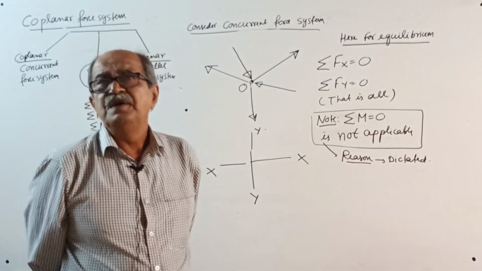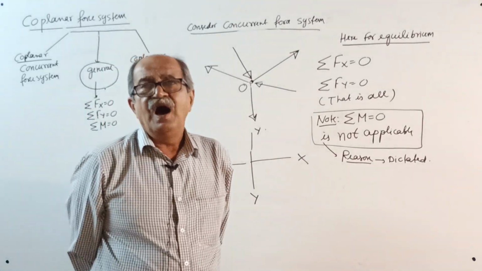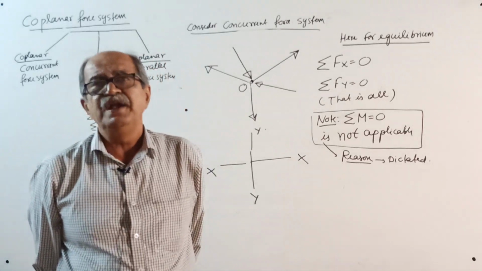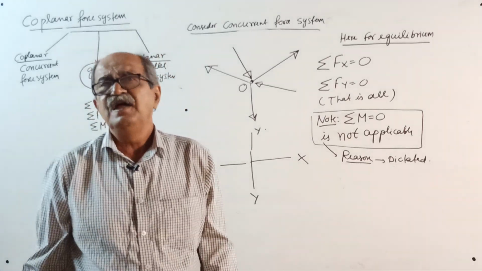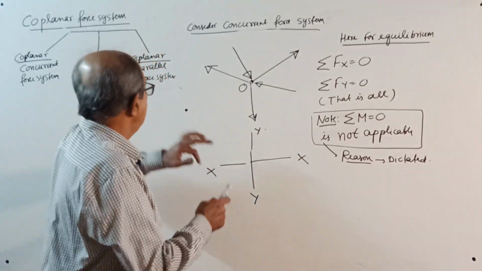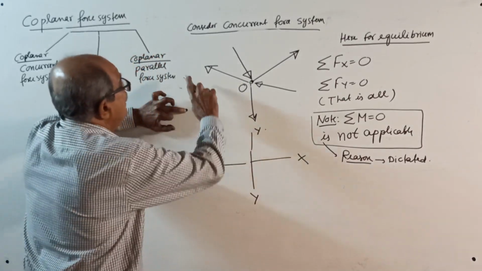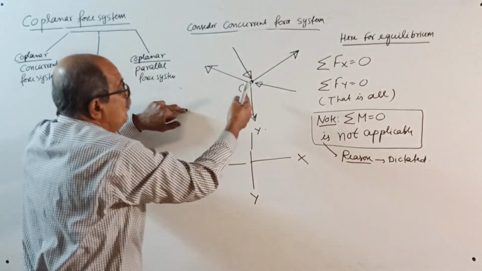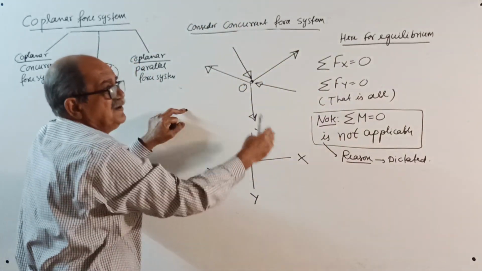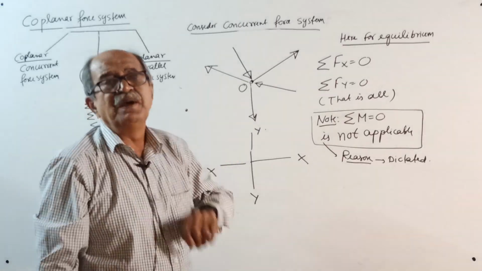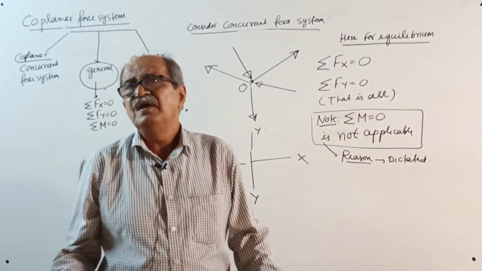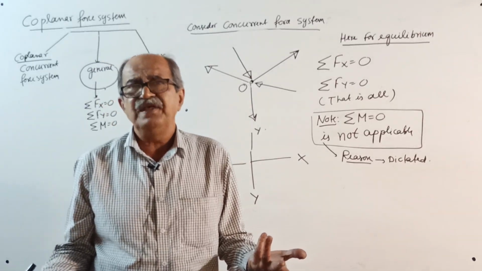Now you know by Varignon's theorem, algebraic sum of moment of a given force system about any point is equal to moment of resultant about the same point. Therefore, even if I take a point outside, whatever is the moment of the given force system will be equal to moment of the resultant force. For equilibrium, when moment of the resultant force equals 0, it means sigma M equals 0 is satisfied.